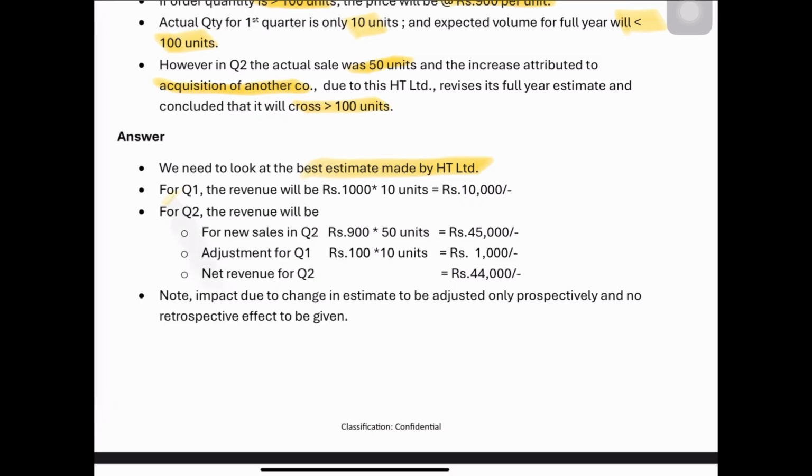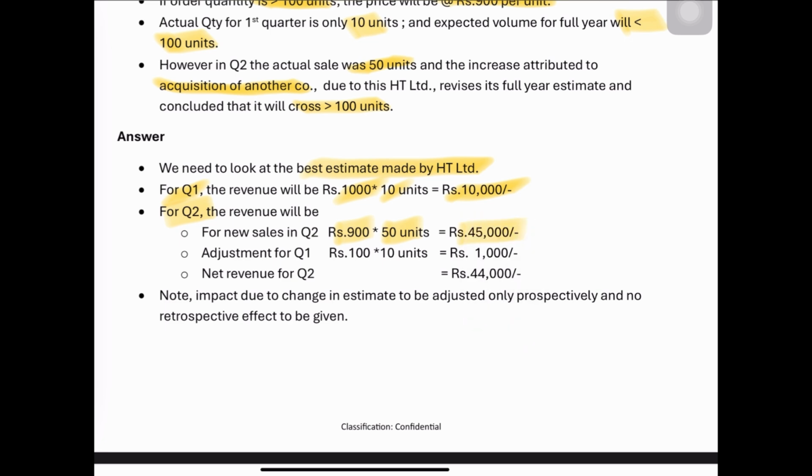For Q1, the revenue will be just 1000 into 10 units, which is 10,000 rupees, because at that time the discount was not envisaged. For Q2, they have sold 50 units, and since the discount was allowed, the rate will be 900.